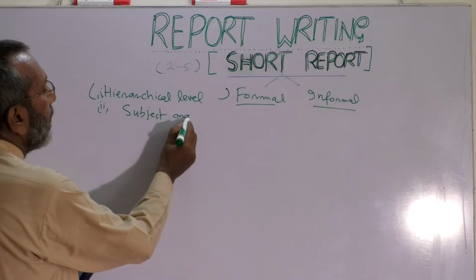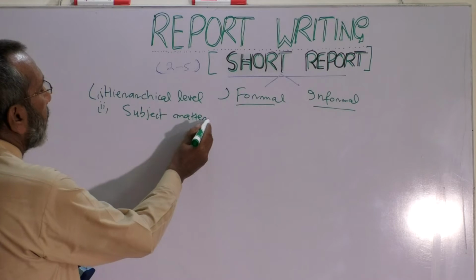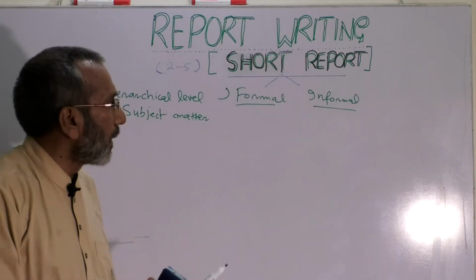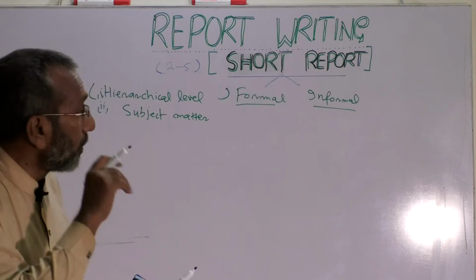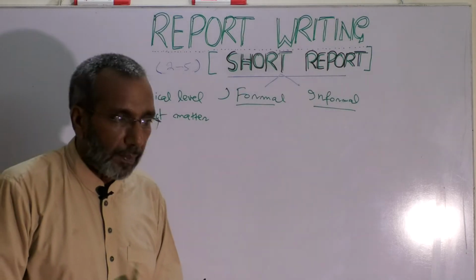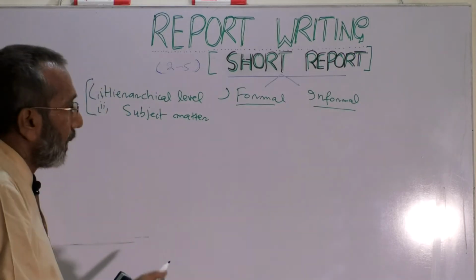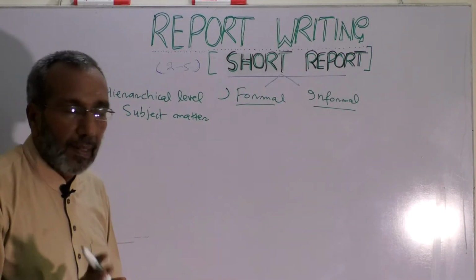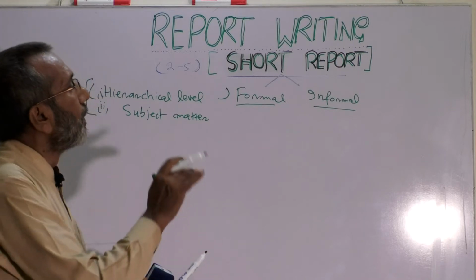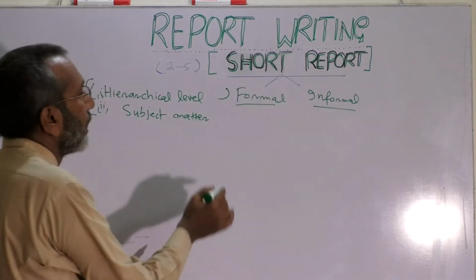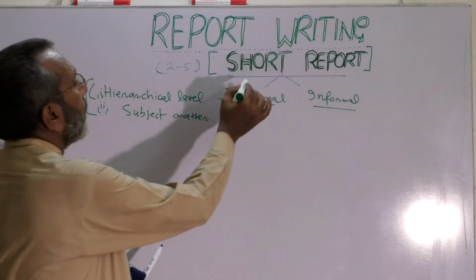These 2 things are a sort of touchstone that this thing is formal. Sometimes you're asked to write a short report and they don't mention whether it's formal or informal, and from these 2 things you have to guess. Clear? So today we are going to talk about short report, but we can call it short formal report.